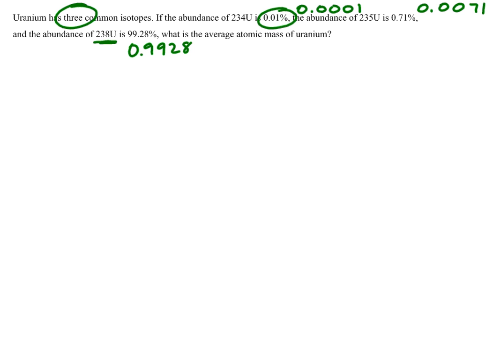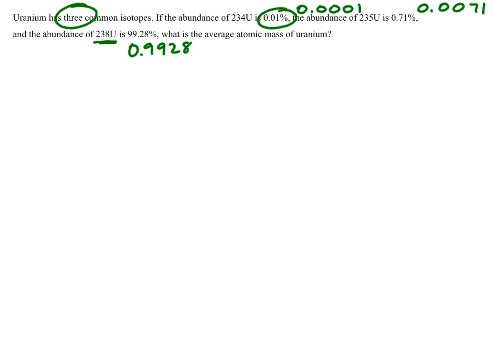They're not in percentages. Now, here's another thing. Do I need to give you all of the abundance values? No, as long as I give you enough to get the third one. So for example, if I didn't tell you the abundance of uranium-234, you should still be able to determine this because you would have the abundance for 235 and the abundance of 238. Well, the difference from 100% would be your abundance of 234.